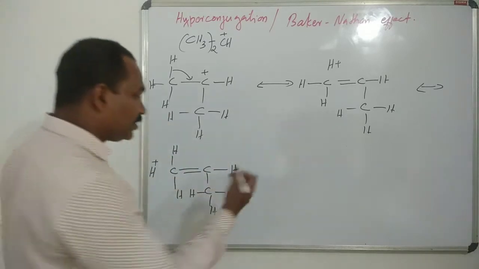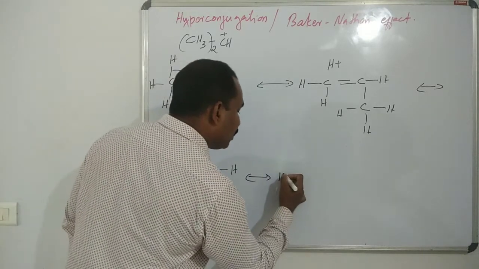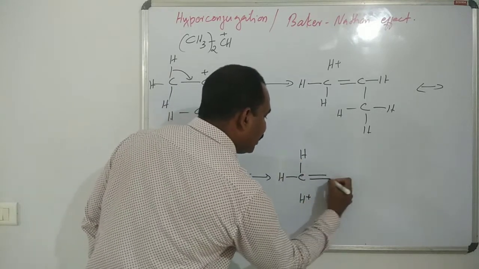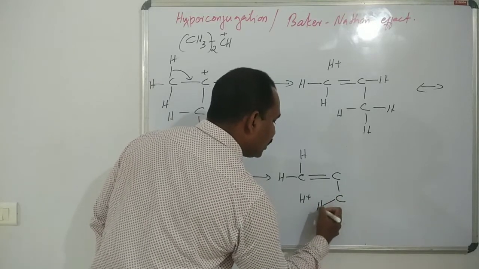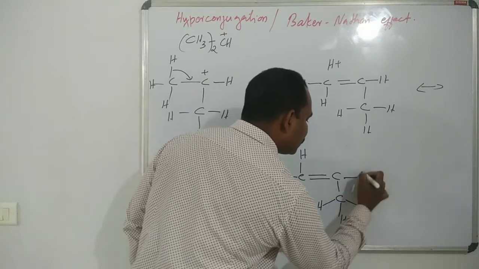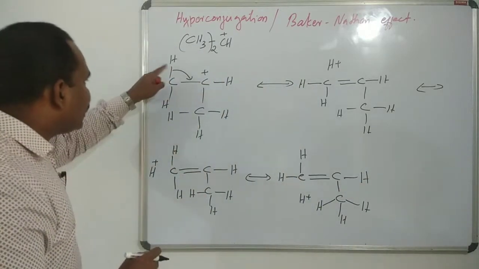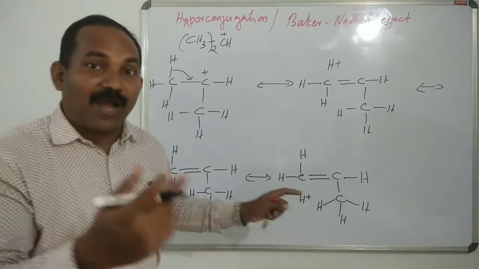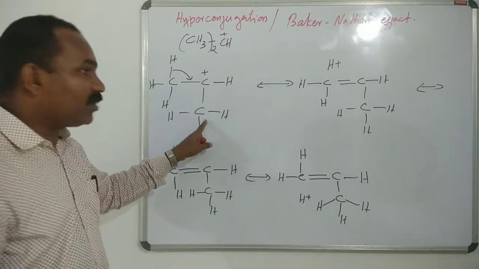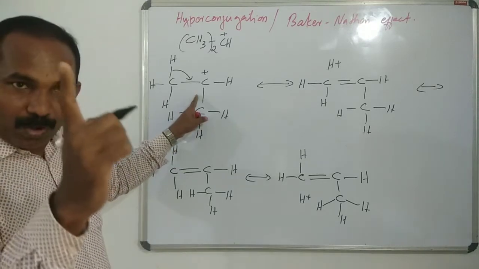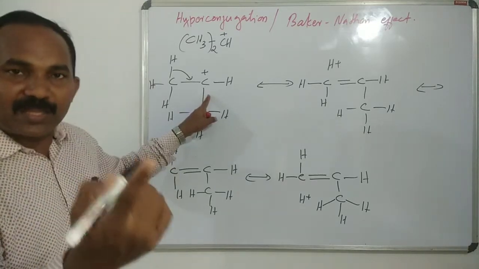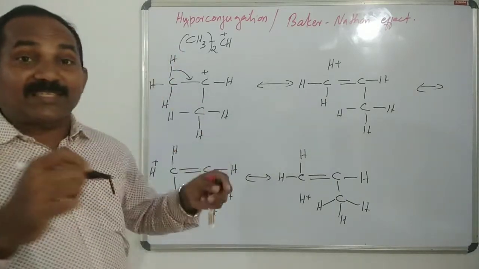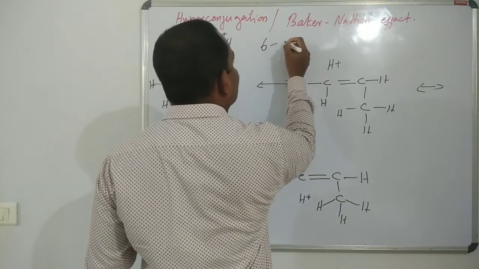The third structure is obtained. So these three hydrogens give three hyperconjugative structures. And another three structures come from the other carbon atom: this hydrogen gives one structure, this hydrogen another, and this hydrogen another. So totally 6 hyperconjugative structures.